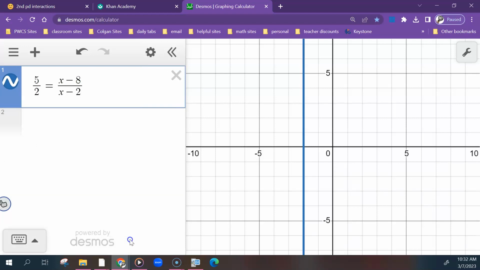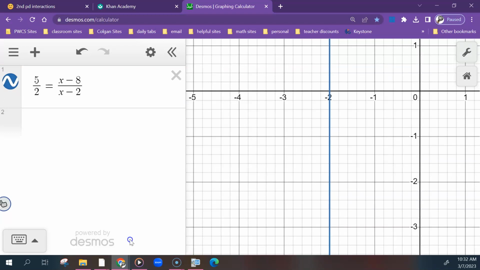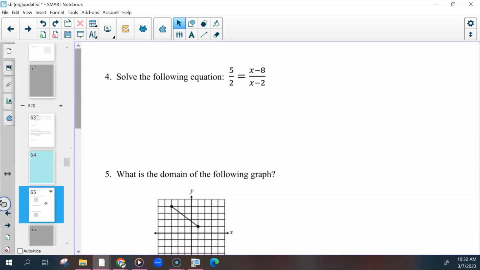It won't tell you the number, but if you zoom in, you can see what number that is, because if you put these in separately, it would make curves. But x equals -2 is your answer for that. If you were doing it algebraically, you would cross multiply, distribute, get your x's on one side, constants on the other, and then solve. So x equals -2 for number 4.